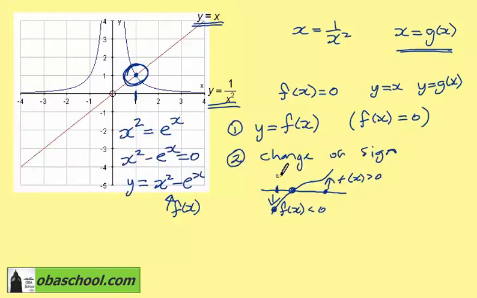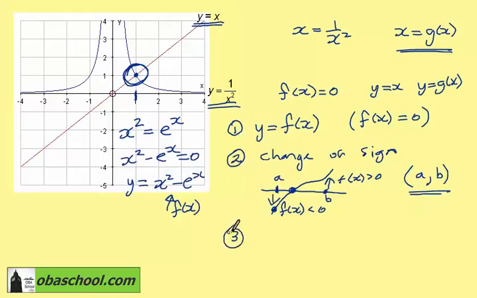If this value here is a, and this value here is b, then we'd be finding an interval, a, b, where there is a change of sign. The curve might slope the other way, in which case it would be positive here and negative here. But the point is that the root lies between a change of sign, so we can identify an interval in which the root lies.